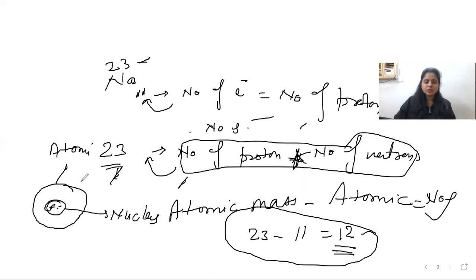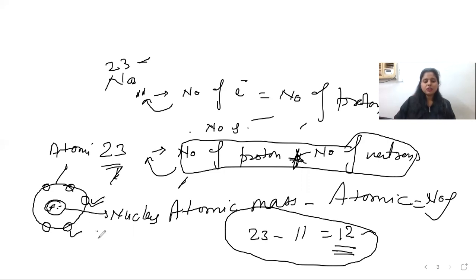That's why it is called the atomic mass. And electrons are revolving in these orbits. Electrons are not included in the mass of the atom. So we can say that the mass of electron is negligible in front of the mass of proton and neutron.